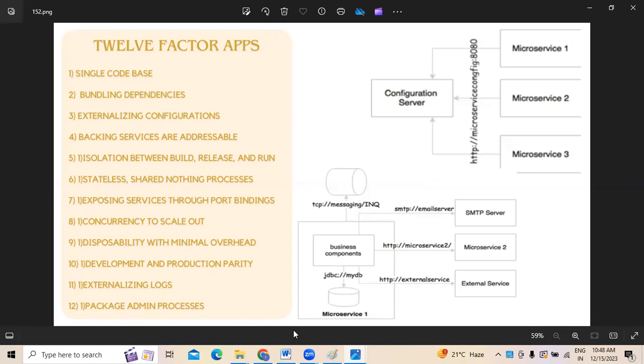Understood? Clear? One second, I have a question here. Please. So this build, does it mean the Jenkins tool which we use to build our project? Yes. When we are integrating in a DevOps environment and run our Jenkins pipeline, that basically converts our code to executable jars, is it?